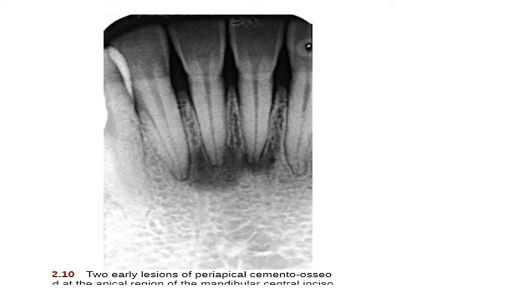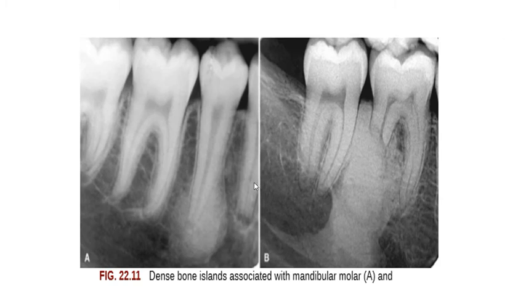The first depicts the periapical cemento-osseous dysplasia at its early stage, and the dense bone islands, which in most cases occur in the posterior aspects of the jaw bones, especially near the roots of the premolar and molar teeth.